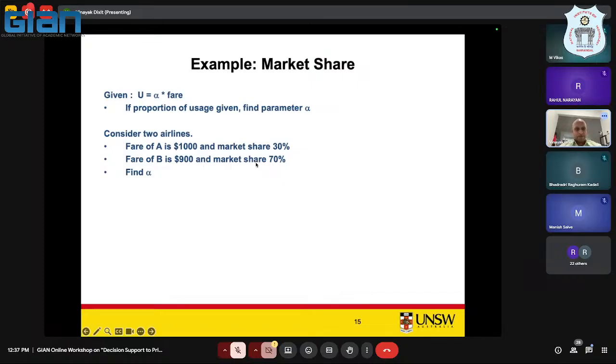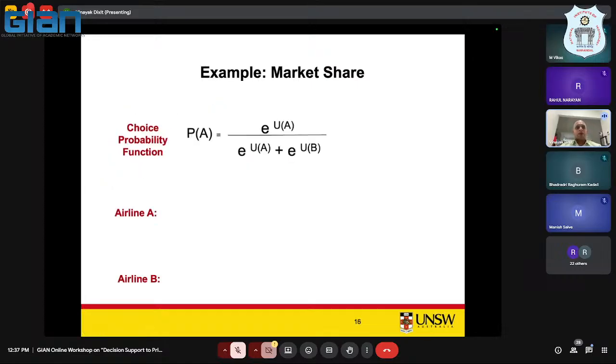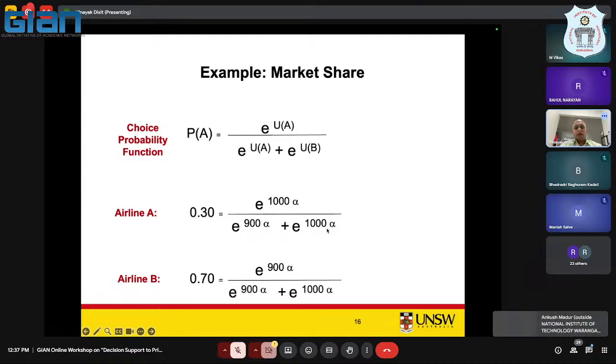Find alpha. So we know that the choice probability is e raised to power UA divided by e raised to power UA plus e raised to power UB. So we know that airline A is 30%, that's equal to this. Airline B is 70%, which is equal to this.